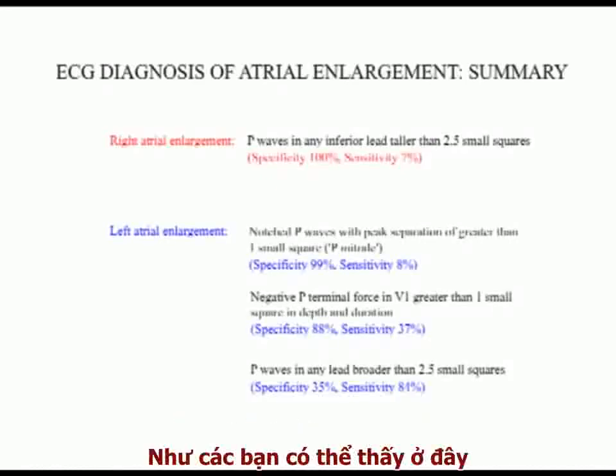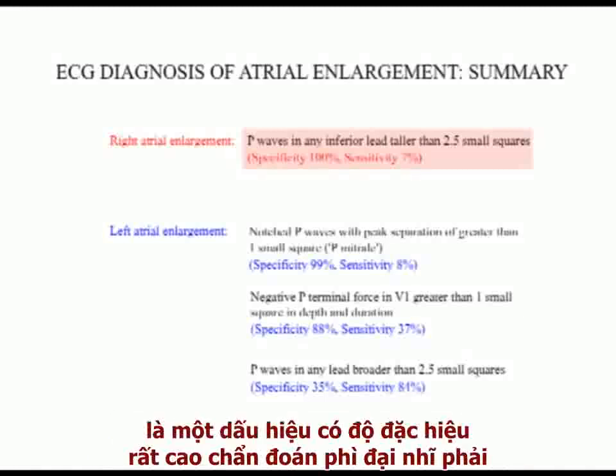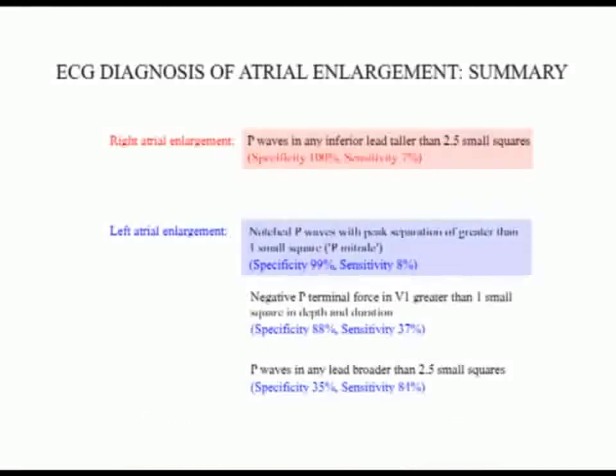This slide summarizes the ECG diagnosis of atrial enlargement. As you can see from the figures quoted here, P waves taller than 2.5 millimeters in amplitude in any of the inferior leads is a very specific finding for right atrial enlargement, and P mitrale is very specific for enlargement of the left chamber.